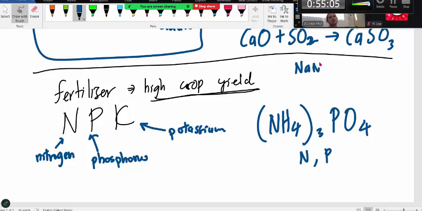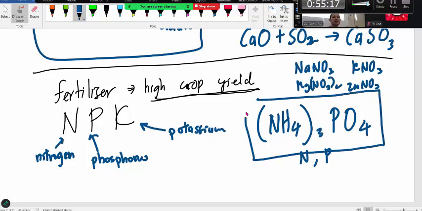They will give you sodium nitrate or potassium nitrate or zinc nitrate or magnesium nitrate. This kind of question. So if I have this already, what should I add to make it a good fertilizer? Then you must choose potassium nitrate, like that only.